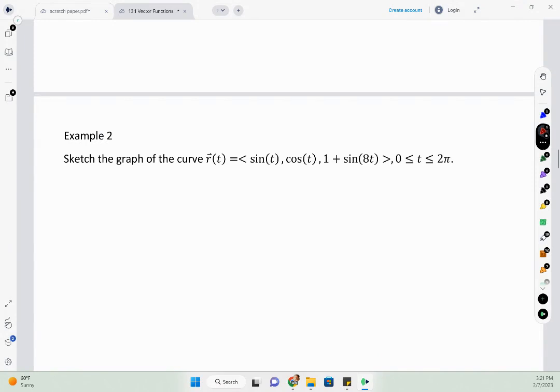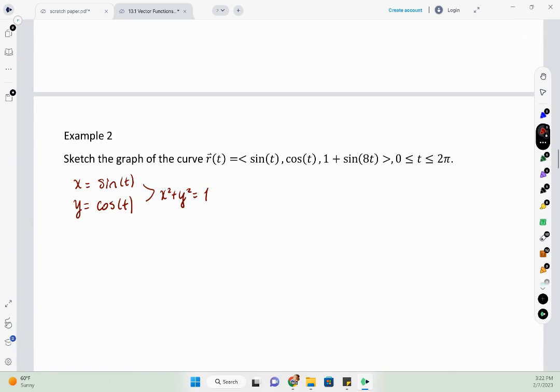All right, so let's see. I'm noticing in here that x and y have this sine and cosine relationship. We just saw this up above. If we were to look at x squared plus y squared, that's going to be sine squared plus cosine squared, which is 1.